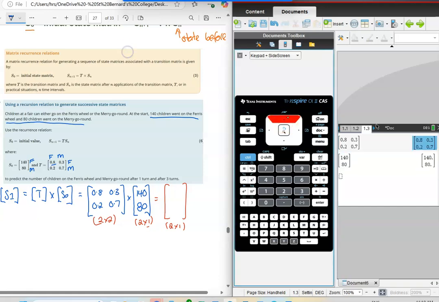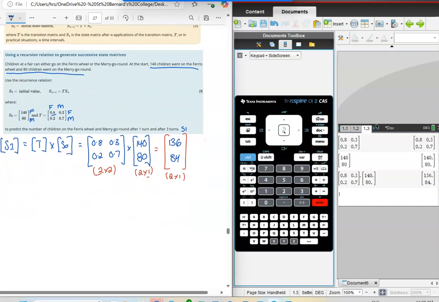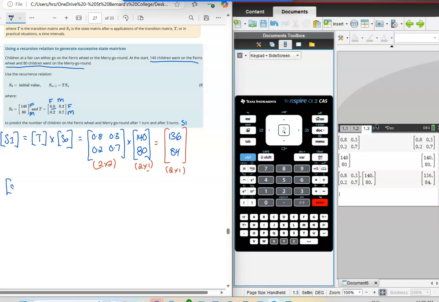So we've got the first transition there, and we're going to times it by the S0, which is there. Press enter, and then I go enter. So I can see that 136 and 84, that's S1. So if I go on and I want to get S2, I'm going to look and go the transition times the one before, which would be S1.